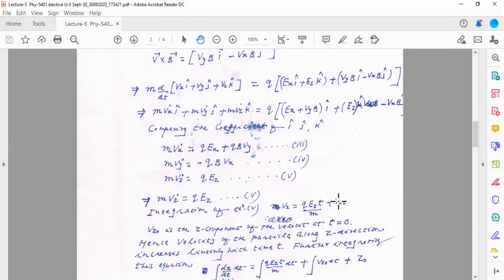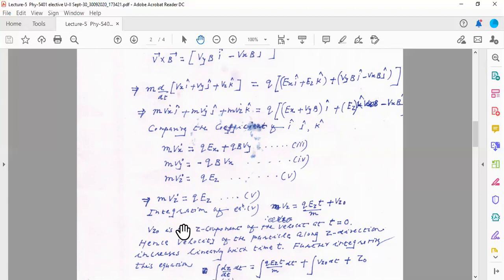But if Vz0 is not equal to 0, then the particle will describe not only a circular motion, but it will also move with a constant velocity along the z direction. So you have a linear motion along with the circular motion, and the resultant path is the helical path, which we have discussed in the previous lecture.